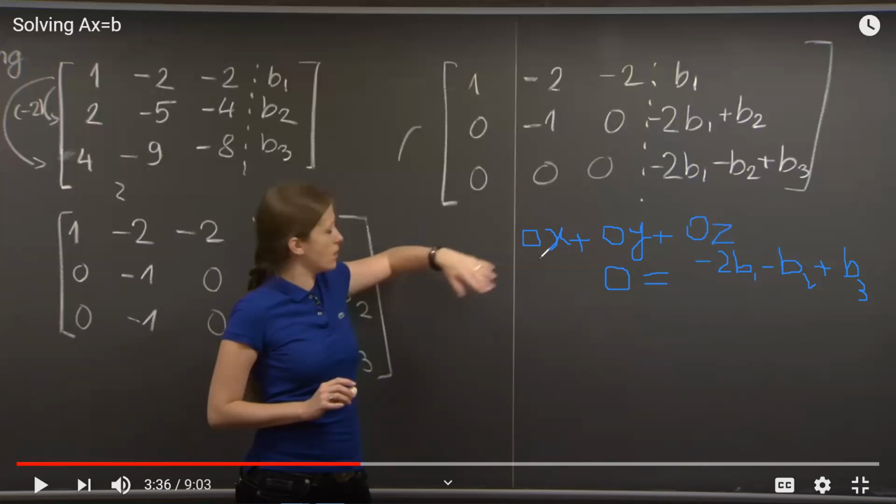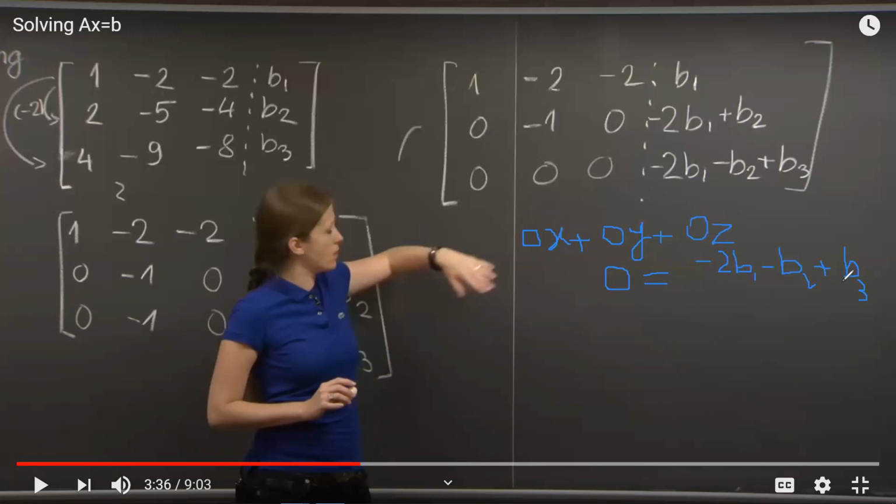Now keep in mind these variables x, y, and z are not 0. What we are saying is that their coefficients are 0. So once their coefficients are 0, no matter what x, y, and z values are chosen, this will ultimately end up into 0. So our left-hand side is completely 0, whereas the right-hand side, we have these parameters.